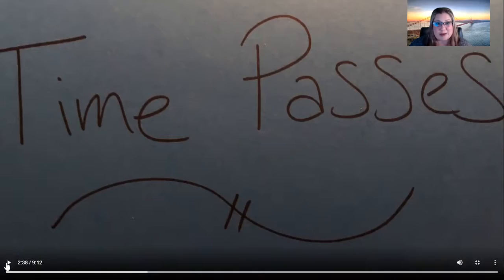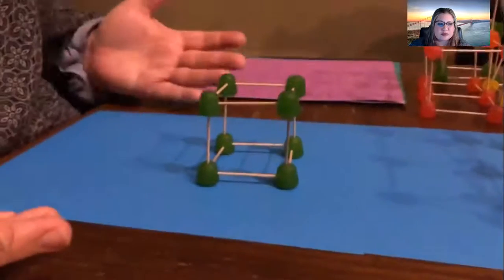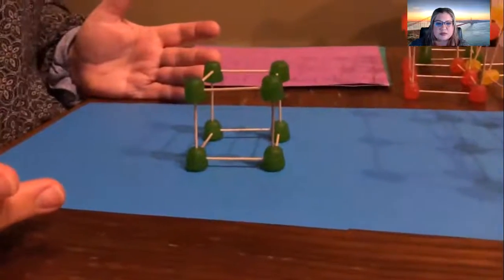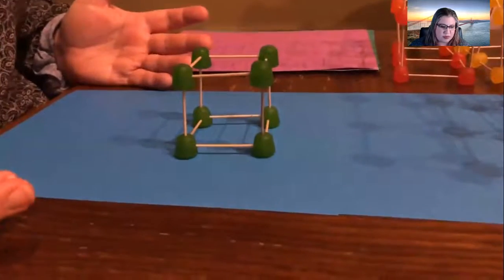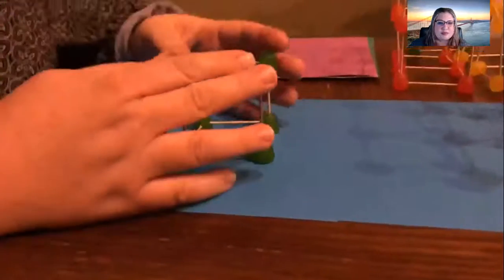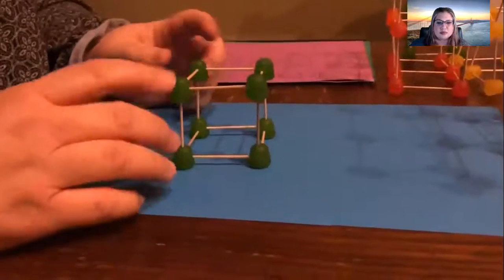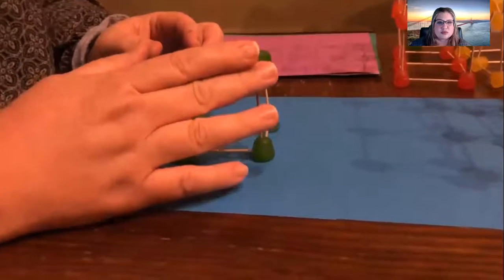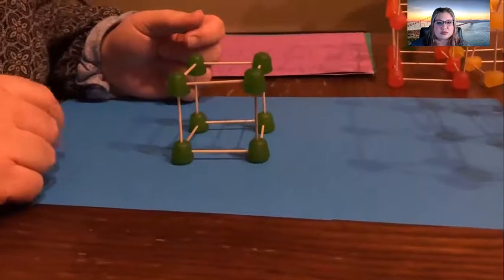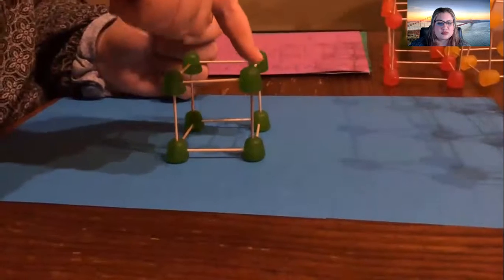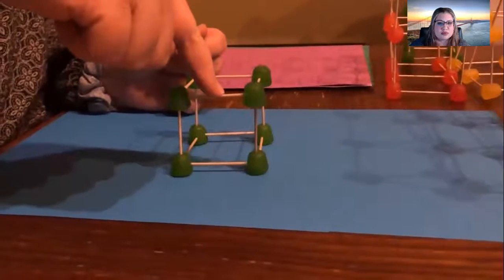So here's case 1. What would case 1 look like? Well, here it is. Case 1 would simply be one box, a 1 by 1 by 1 cube. Now we use dots and toothpicks to hold these together. In the questions it asked how many toothpicks and how many dots. Well, if we count the toothpicks around this top square, there's 4.